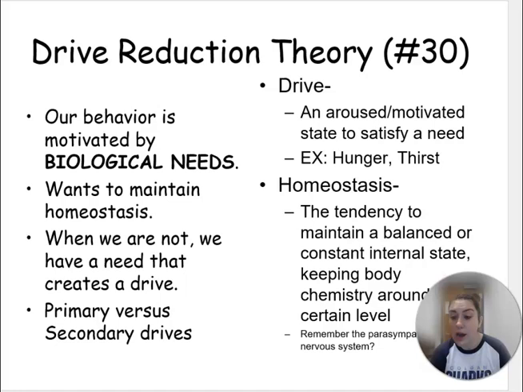And so when we're not in that state, we have a drive to do something to correct that. So if we're hungry, our drive is hunger, then the behavior that we would do is we would eat. If our drive is thirst, then we would drink something. So there's the drive and then the actual behavior.